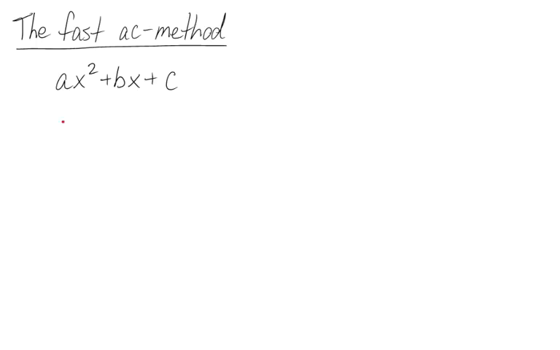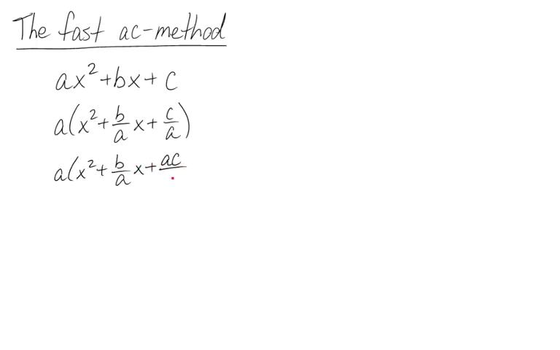So here's what we're going to do. I'm going to factor out a, and what that does is effectively divide each term by a. And then what I'll do is look at a different looking form of the last bit. I'm going to multiply top and bottom by a, and I get ac over a squared.